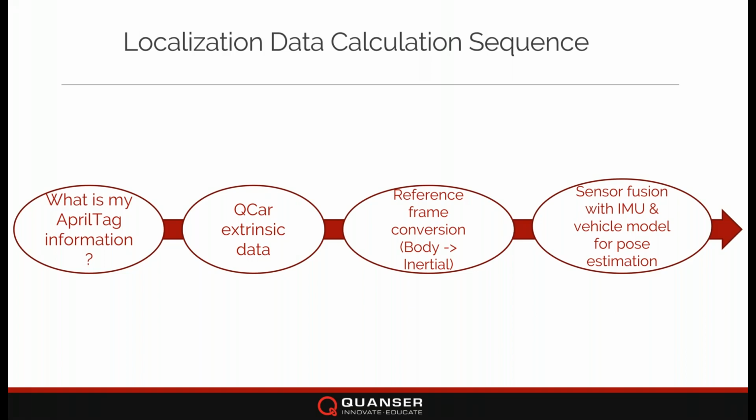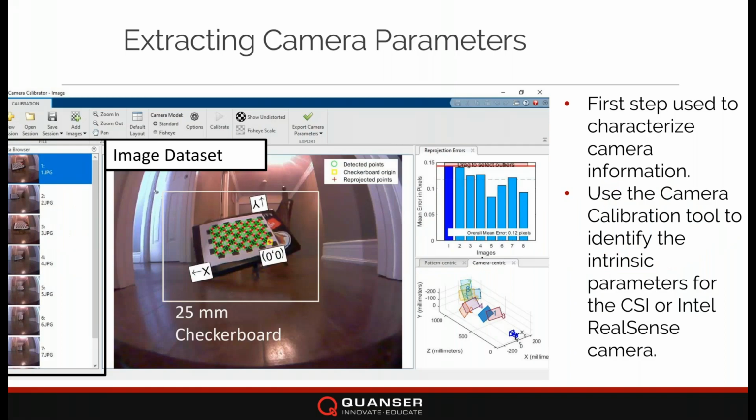Now that we've figured out what this pipeline is like, first let's take a step back and look at the camera itself. Using the Image Processing and Computer Vision Toolbox, I can learn more about my camera and how that sensor was made, with the intent of defining a sensor model.